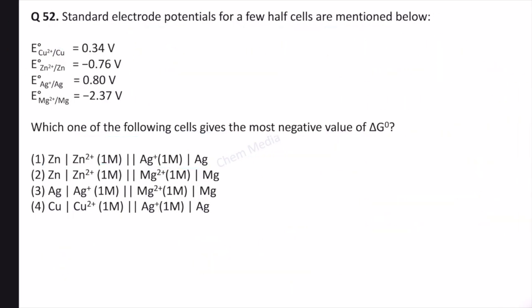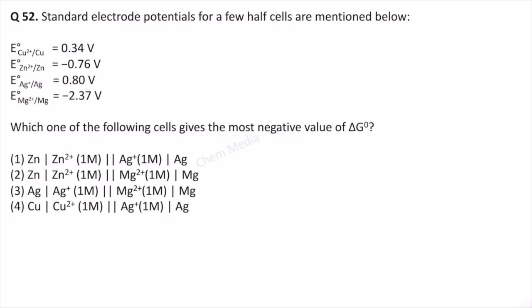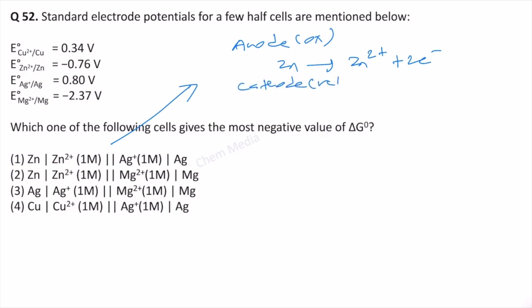Now you might be thinking that here we have only 1 mole, here we have 2 moles. But if you write the net reaction, for example for this cell, at the anode oxidation happens. No matter what the cell, it is always anodic oxidation and cathodic reduction. So zinc loses 2 electrons and becomes zinc 2 plus. At the cathode, reduction happens. So Ag plus gains an electron and becomes Ag.